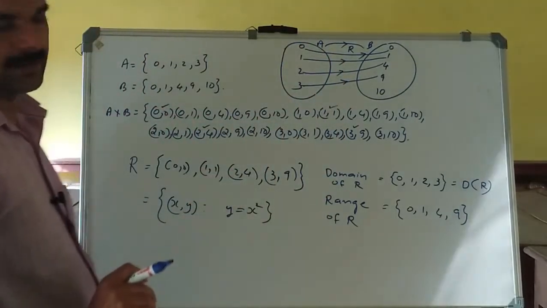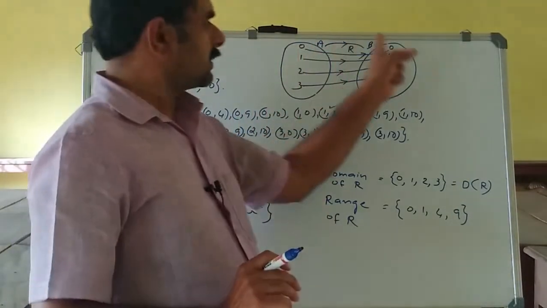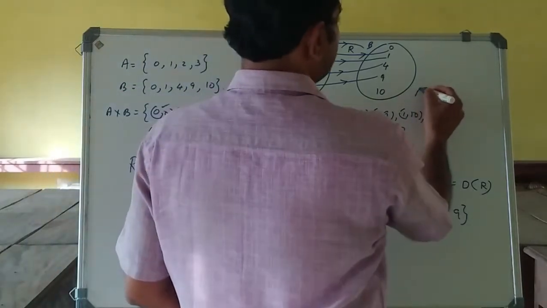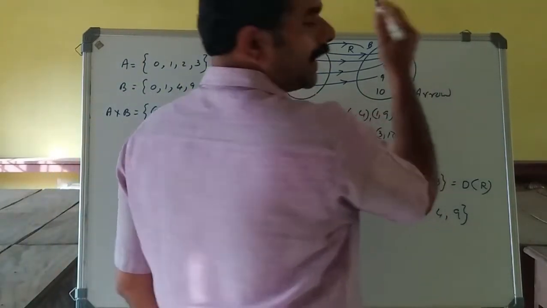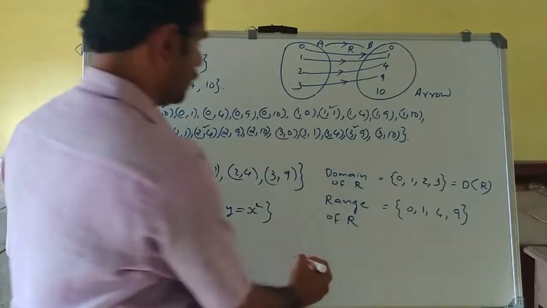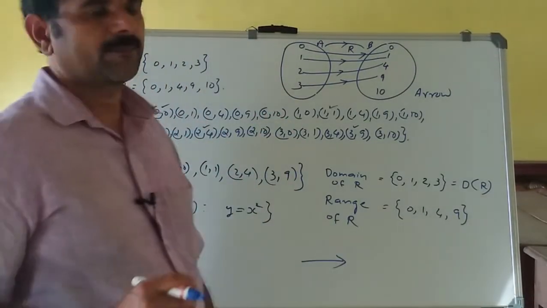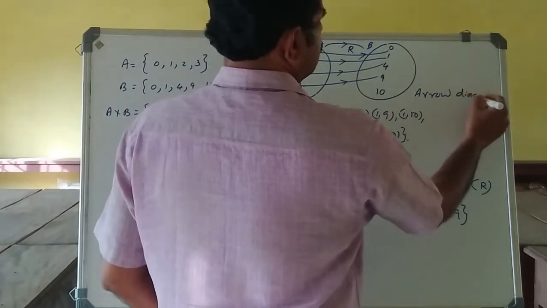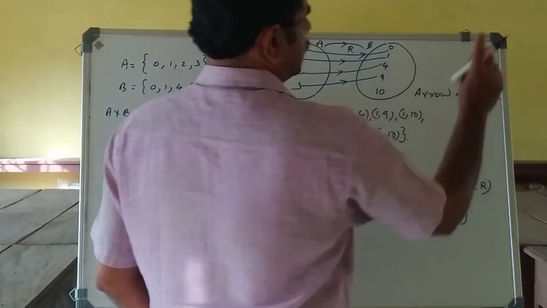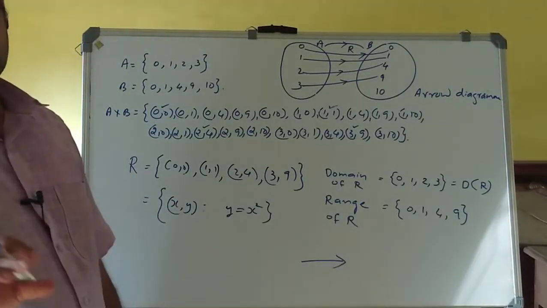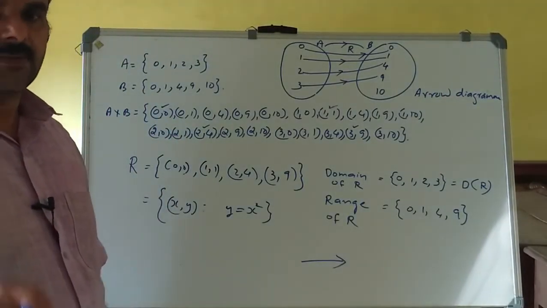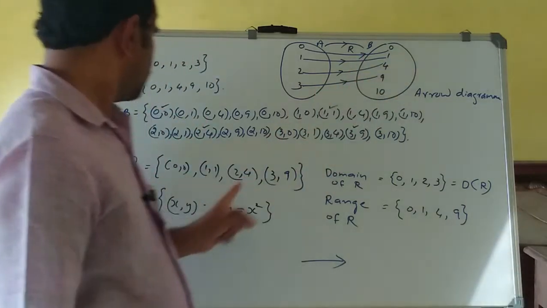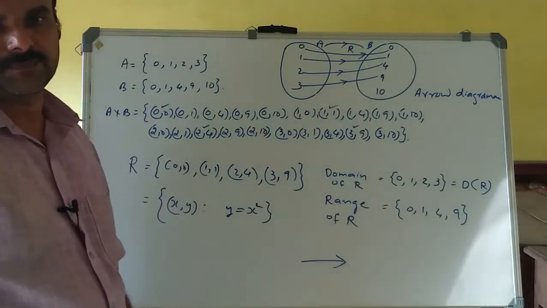Clear? So this type of representation is called an arrow diagram. A relation can be represented by using an arrow diagram. This is the representation of this relation.